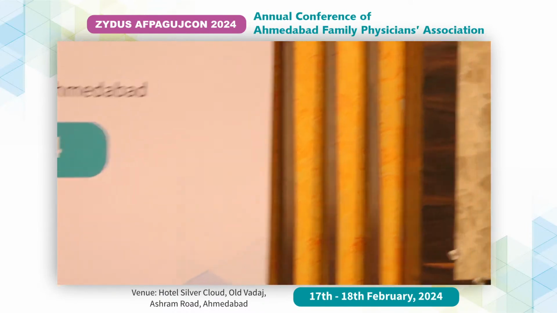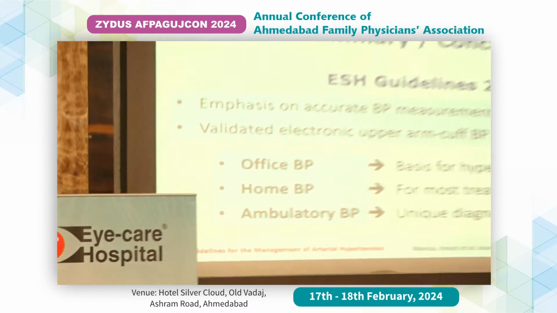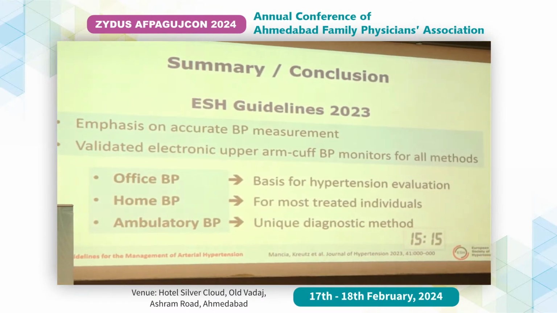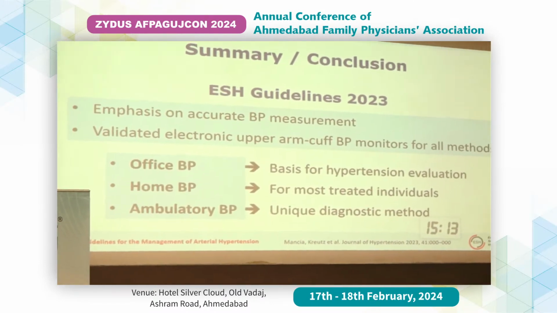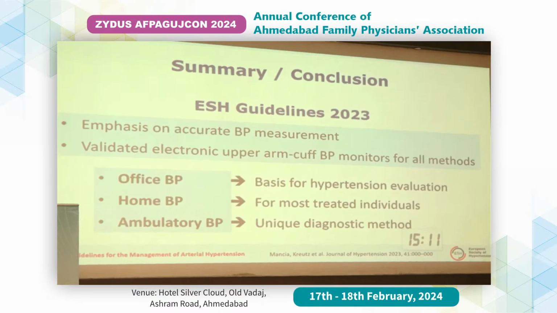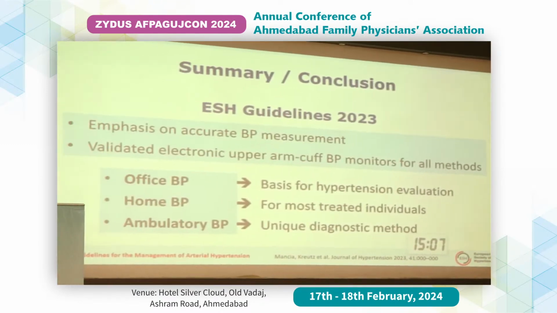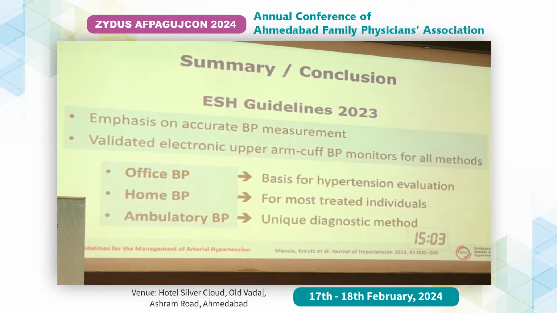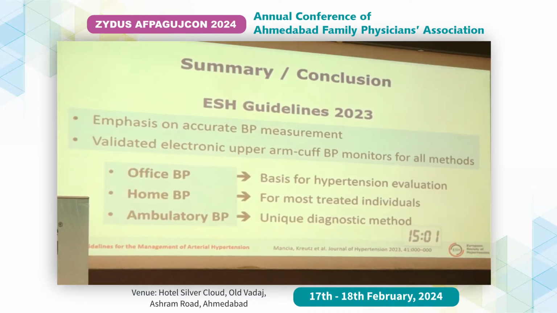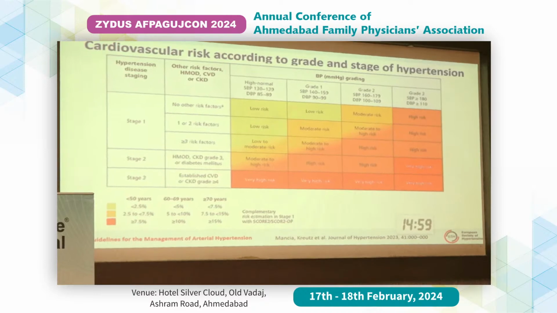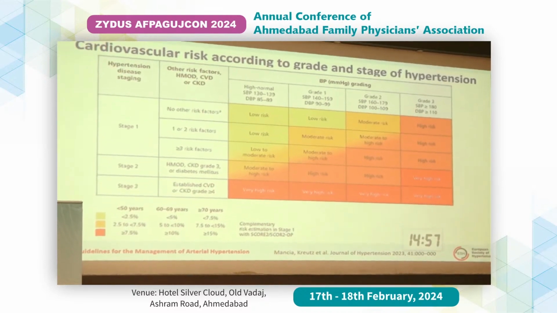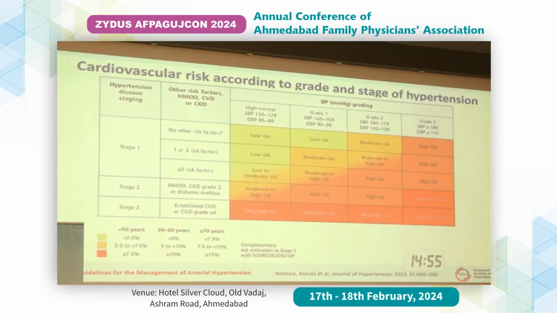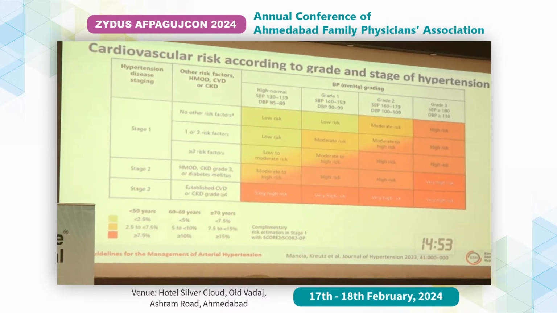ESC 2023 said that office BP is the basis of hypertension evaluation. We can have home monitoring for most treated individuals and for unique diagnostic methods, and if we are not finding a proper response to medication, then we can try ambulatory BP to know whether the patient is dipping or non-dipping.